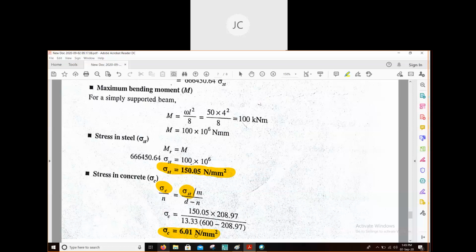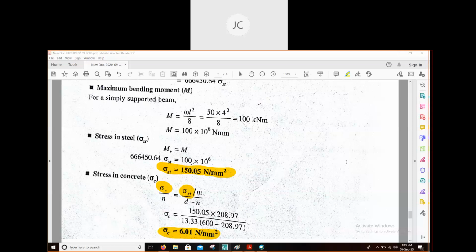Sir, above the neutral axis. Above the neutral axis where? I am asking about the maximum value. Anyone got the answer? In which portion of the concrete will you get the maximum stress?